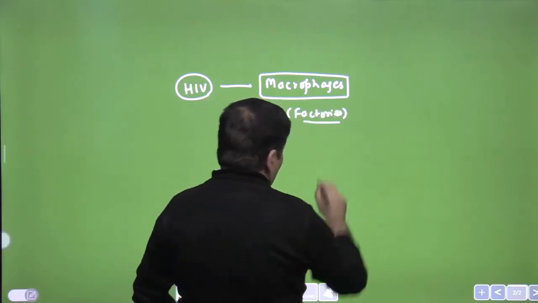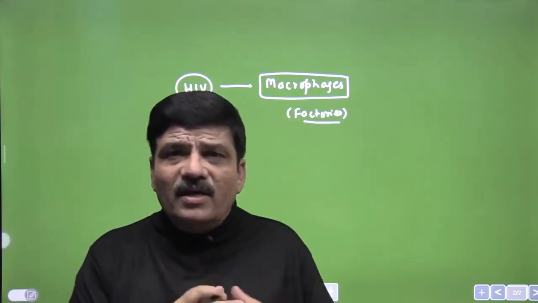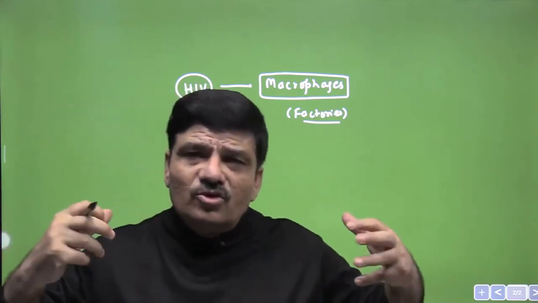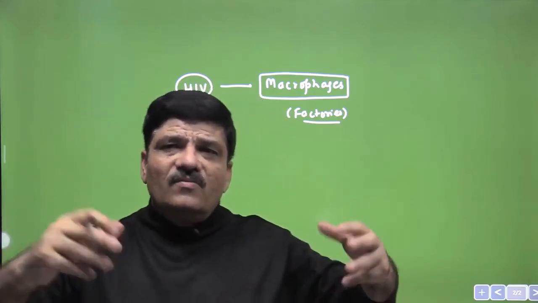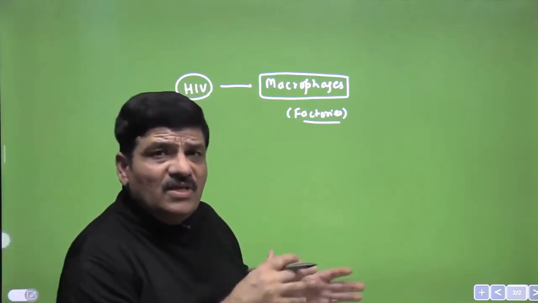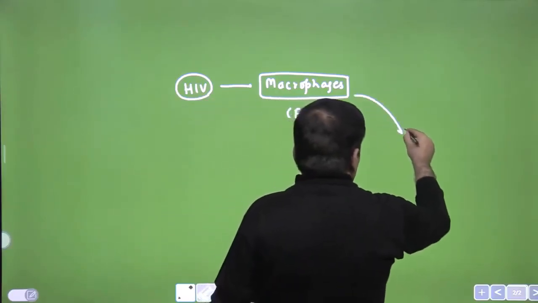I am borrowing the word from your NCERT, and they keep on replicating it. They do not actually kill them, and they keep on replicating inside the cell. They increase their number. So suddenly what is going to happen is that the viral load in the body is going to increase.